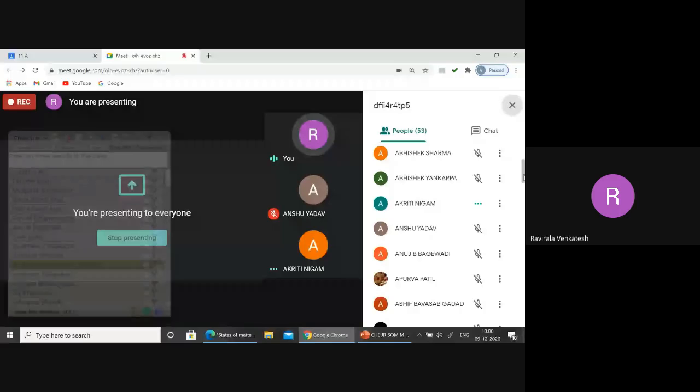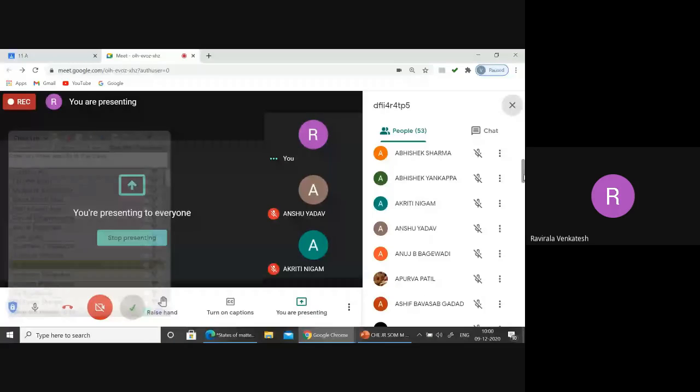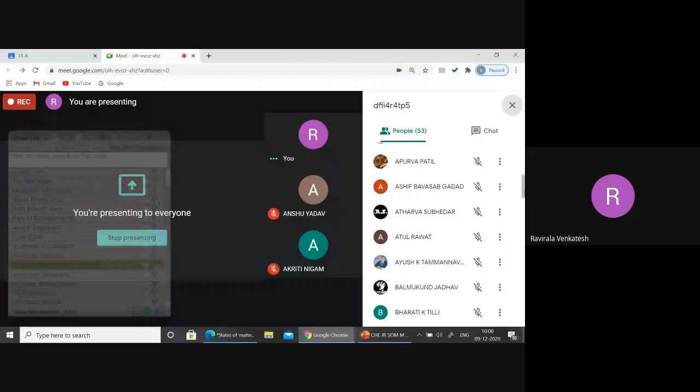Anushka absent, today also she is absent. Atharva, Atul Rawat, Ayush, Bharti present.